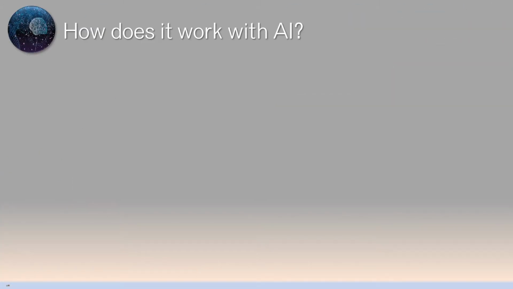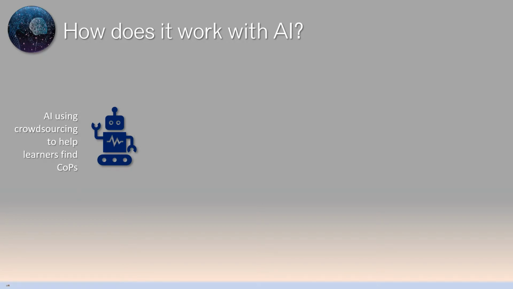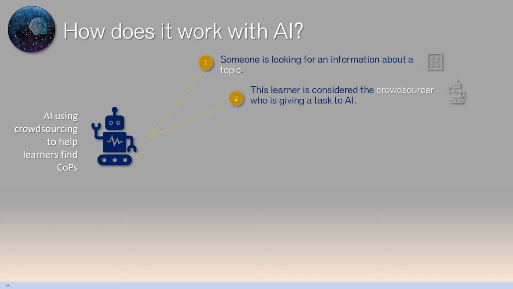Now let's explore closely how artificial intelligence works with the crowdsourcing process to facilitate adult learning. Let's say that someone in an organization is looking for a specific solution to his problem. And whenever he types on the internet, he gives a task to the artificial intelligence. The machine is going to connect to the collective intelligence of the crowd using the pattern we've seen earlier in these slides.